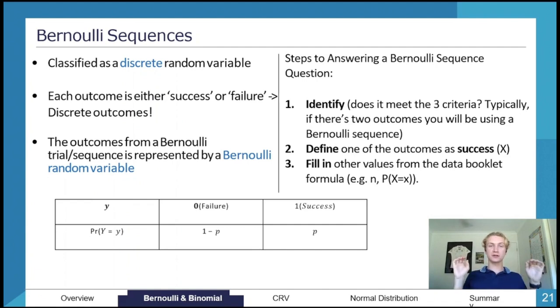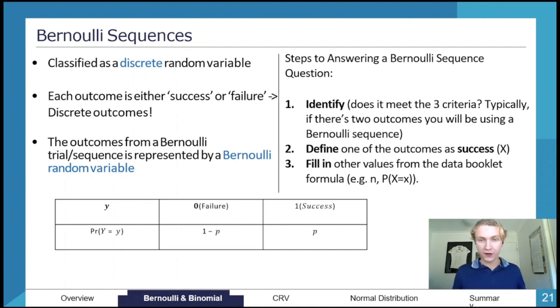Okay, so the steps to answering a Bernoulli sequence question. Number one, identify. Does it meet the three criteria that I just said on the other page? And that's going to tell you you're going to be using the formulas from the data book, which we're going to go over. Don't worry.